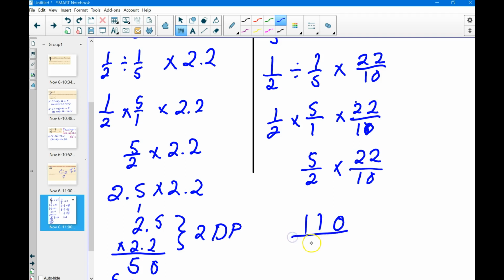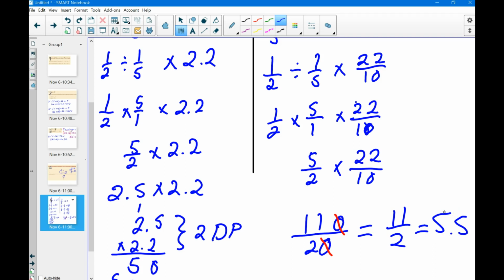And the bottom is going to be 20. Right away what I can do, when I have that, is that 0 is gone, that 0 is gone. I can reduce it to 11 over 2, and that becomes 5.5.